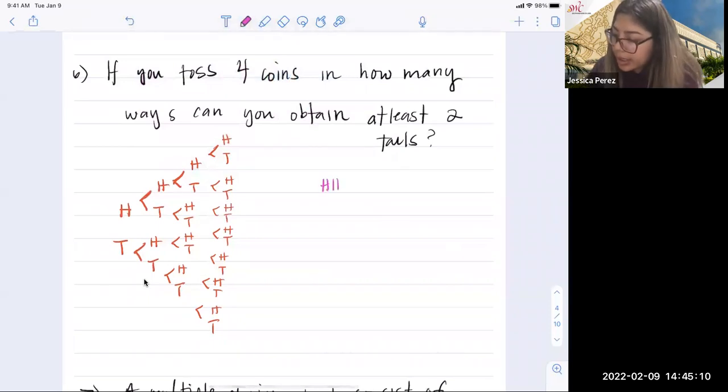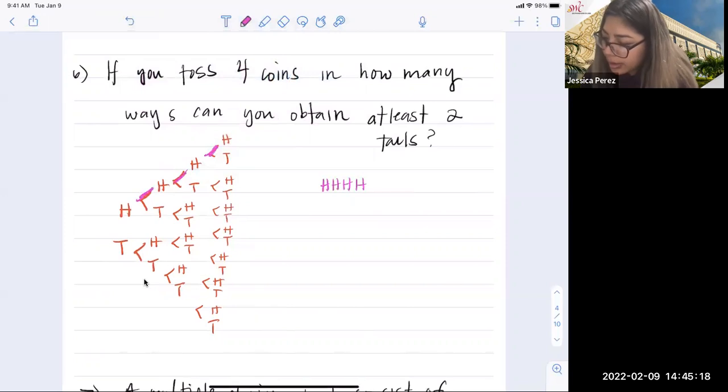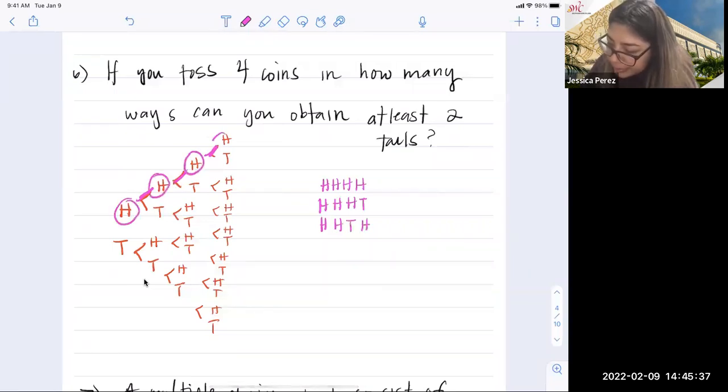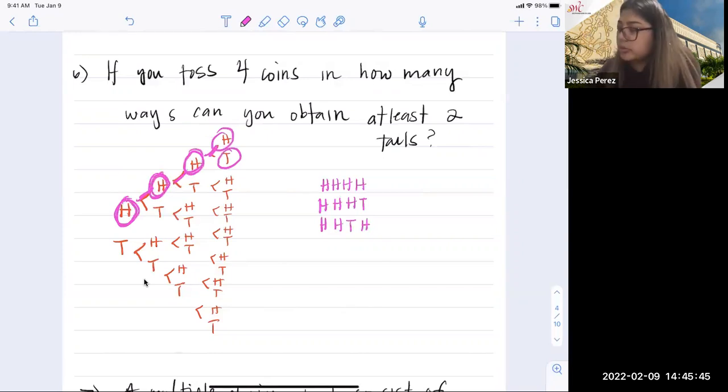You're going to have head, head, head, head. This one. You can end up with head, head, head, tail. And then you can end up with head, head, tail, head. So you're following the diagram. So we want at least 2 tails.